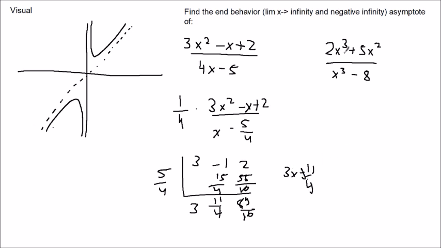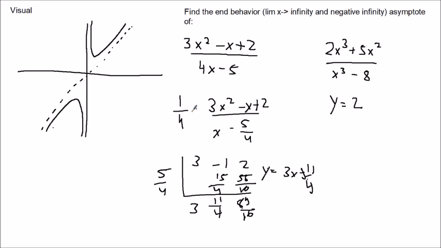End behavior asymptote can be a slant asymptote, but it can also just be a horizontal asymptote. This one you don't have to do anything, because that's x squared, that's x cubed, that's x cubed. So the horizontal asymptote is y equals 2. This is y equals 3x plus 11/4. Wait, do you have to account for the 1/4?